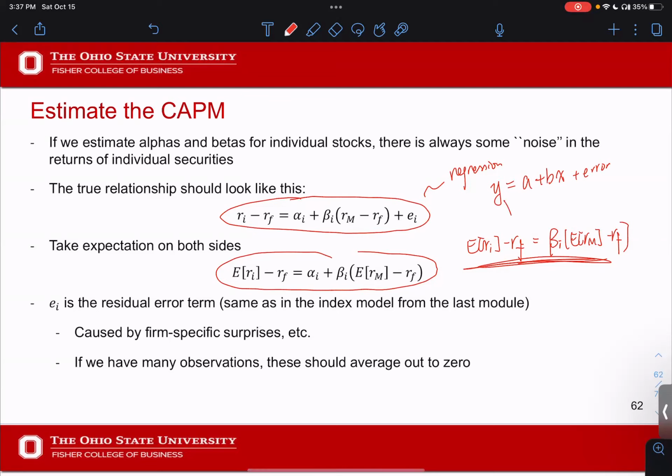The y here is called the dependent variable, and the x here is called the independent variable. a is usually called the intercept, and b is usually called the slope.